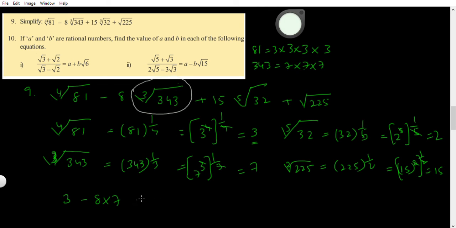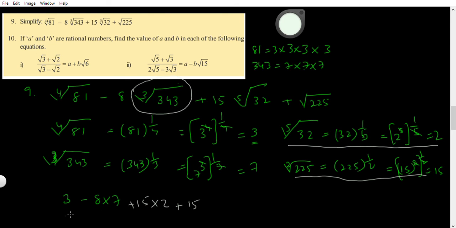Now coming to the 15 times fifth root of 32, I explained here that the value equals 2, so 15 times 2. Now the square root of 225 is nothing but 15, I explained here. Now I will write it down here, 15.